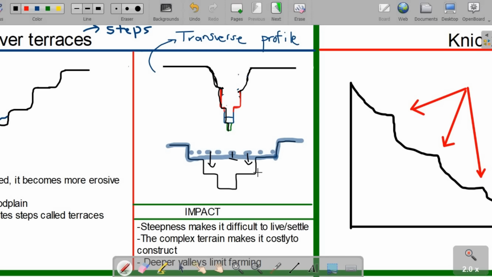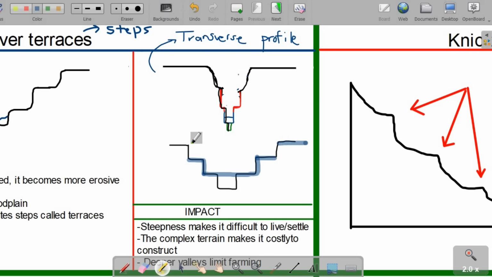It eroded downwards, and then you formed a new river bed. So this new river bed has a new flat plane.